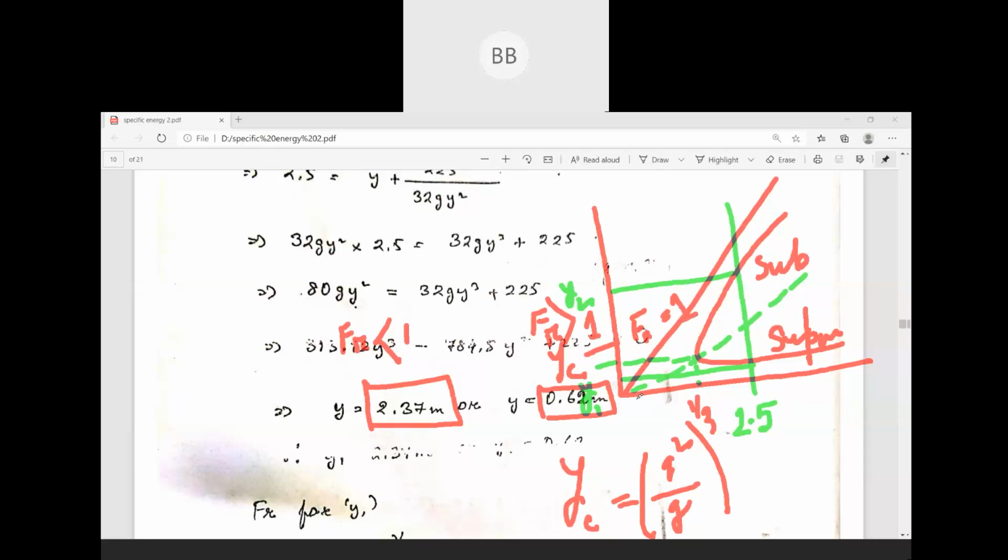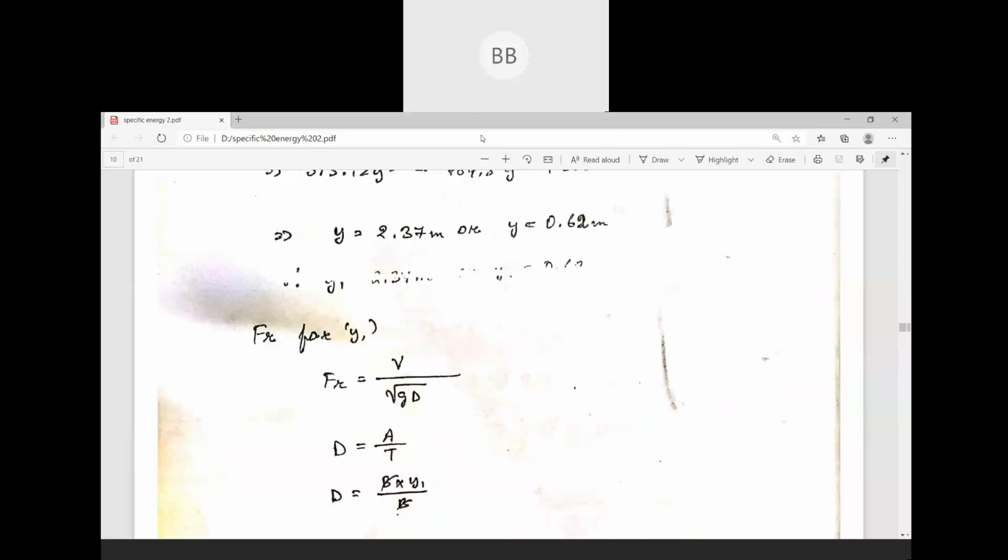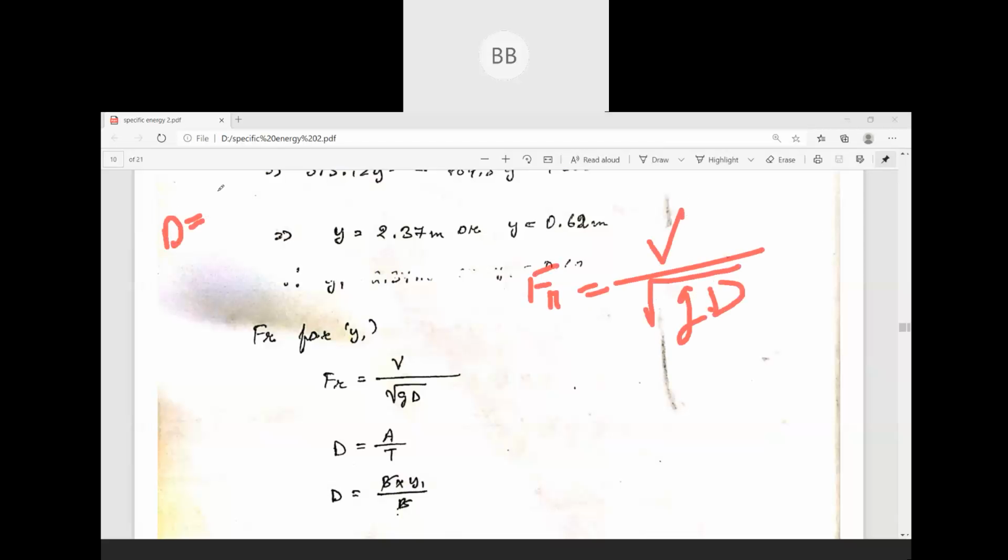Alternate depths are the depths for which your specific energy is the same. Now we have to find the Froude number for each depth. We know the Froude number equation is V over root of g D, where D is nothing but A by top width.